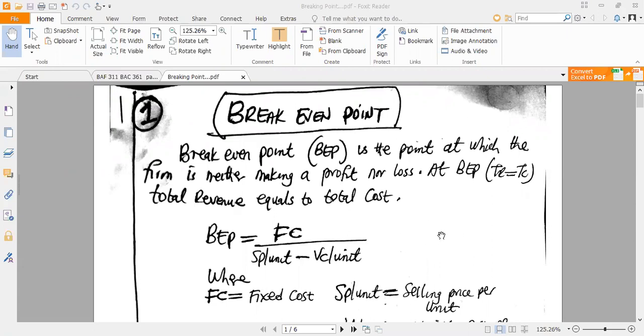Now, if you look at the break-even point, BEP, the formula is equal to the fixed cost over the selling price per unit minus the variable cost per unit. The bottom part, the selling price per unit minus the variable cost per unit, is also called contribution per unit.